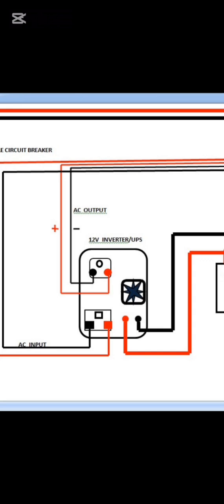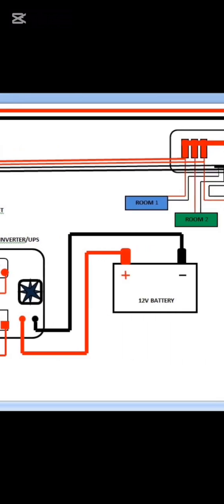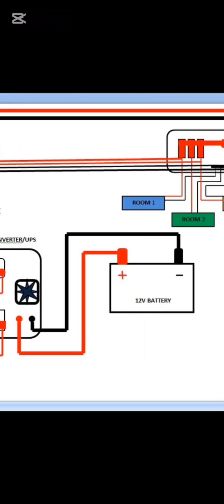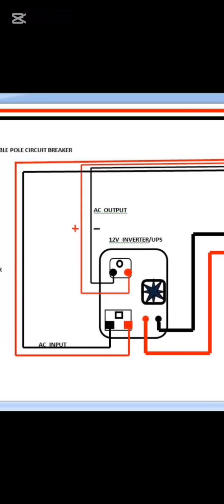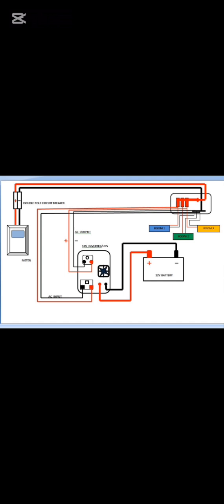But whenever you are around, you may leave the button of the UPS on, so that when there's a power cut from the main, the UPS continues with the power supply to room 2 and room 3 automatically. That is the switch over. So this is how it works.